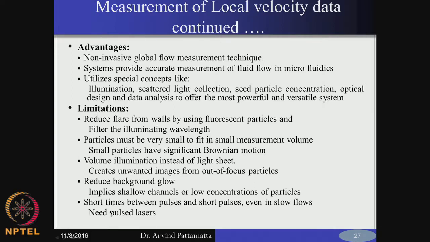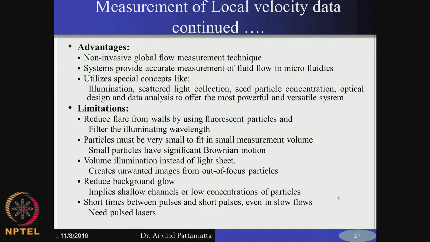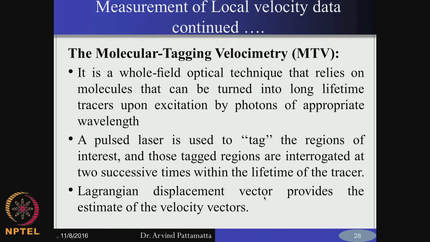You need a short pulse laser, a very high speed camera, specialized nanoparticle tracers, and good optics which can convert this sheet into a much smaller beam. All of these together will make your cost much higher than a conventional PIV. A conventional PIV itself is quite expensive, and on top of that micro PIV will make it more expensive.